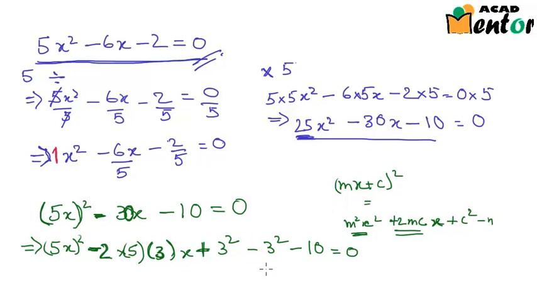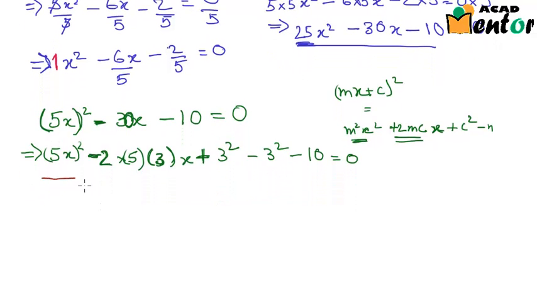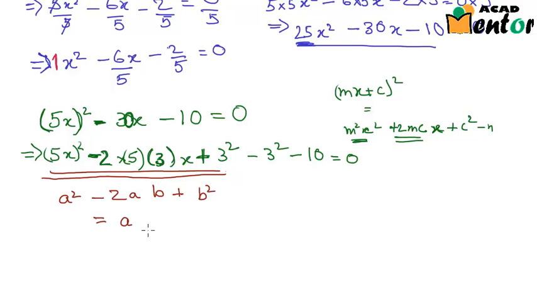Now if we look at the first 3 terms, they are of the form a square minus 2ab plus b square, which is nothing but a minus b whole square. Here a is 5x and b is 3.